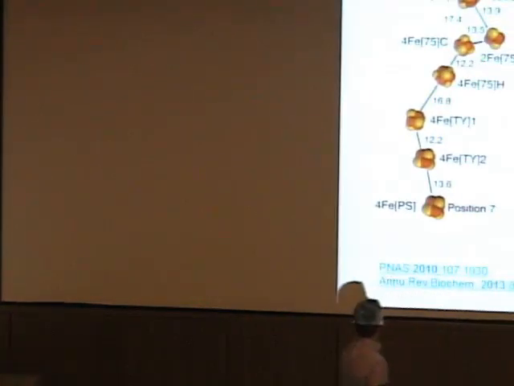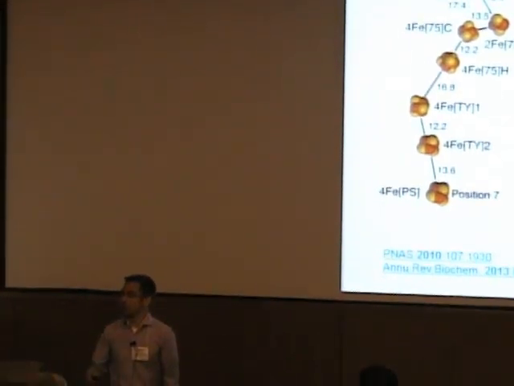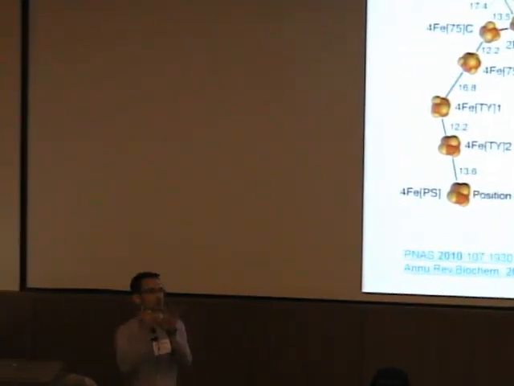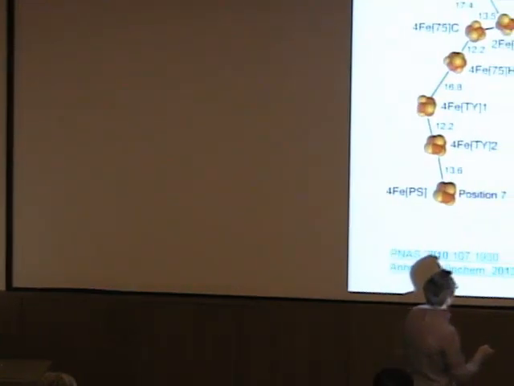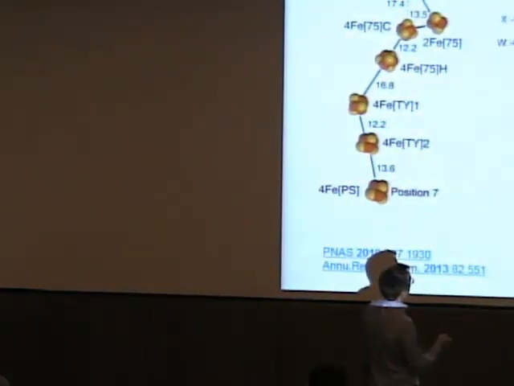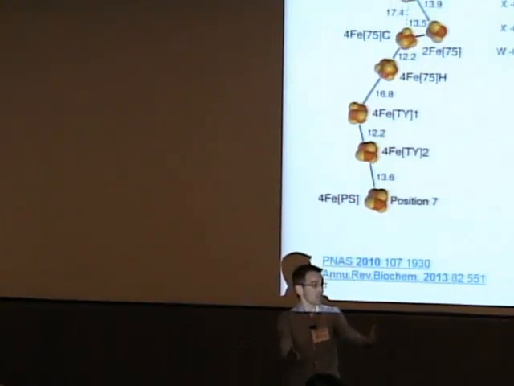So this is work by Judy Hirst. And what she did, she poised the system at specific redox potentials to get a mixture of EPR spectra, and then used the pulse EPR method to measure the distance of those mixtures. I'm not exactly familiar with all the details, but some of these spectra have like 2 main components. Right? So there are clearly 2 radicals at the same time in a protein.